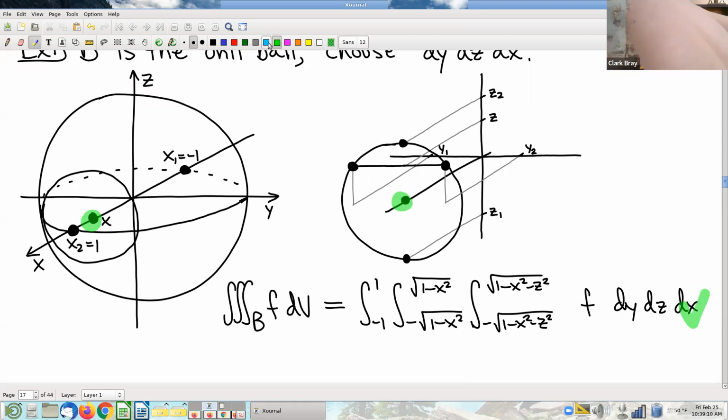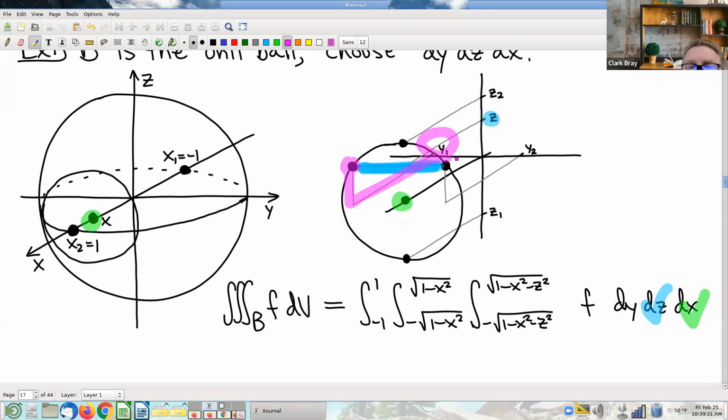We're now going to fix Z. Fix some value of Z. My Z slice of my X slice is that right there. Now on that Z slice of that X slice, looking only at that Z slice of that X slice, Y starts at that point and ends at that point.